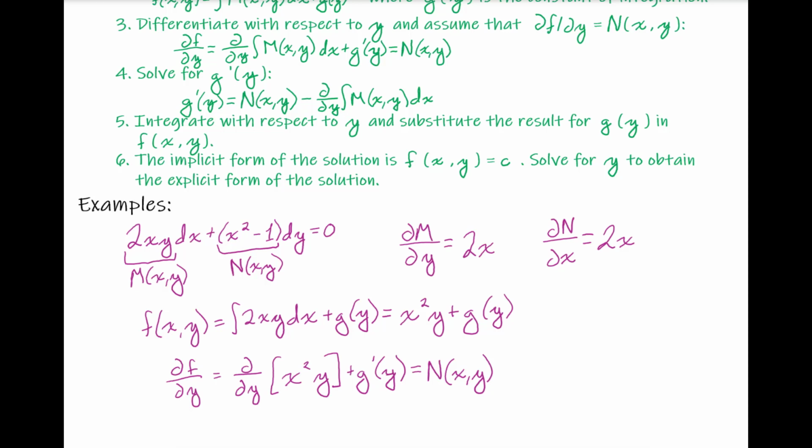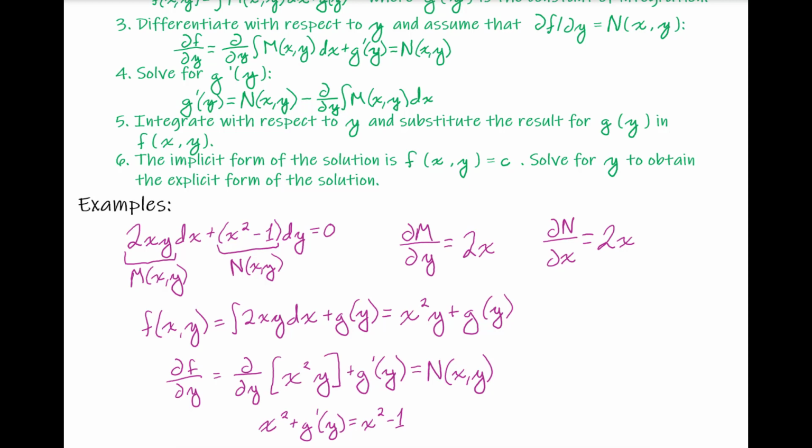Taking the partial derivative of x squared y with respect to y, I'm going to treat y as a variable and x as a constant and take the derivative of that expression. That will look like simply x squared. Now, plus g prime of y stays the same, and I'm going to plug in x squared minus 1 for N of x,y. Doing so, I end up with x squared plus g prime of y equals x squared minus 1.